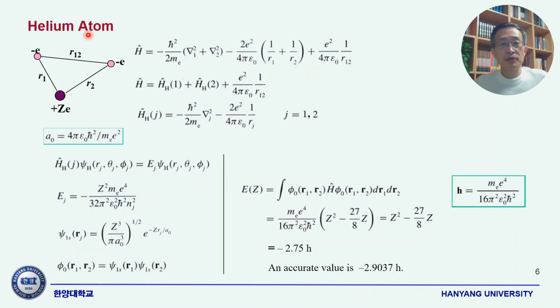Now we are ready to deal with the helium atom. For helium atom, there are two electrons. If one electron is missing, with just one electron, that's a hydrogen-like atom with positive charge 2 in the nucleus. But for helium, you have Z equals 2 and two electrons, so the atom itself is neutral.